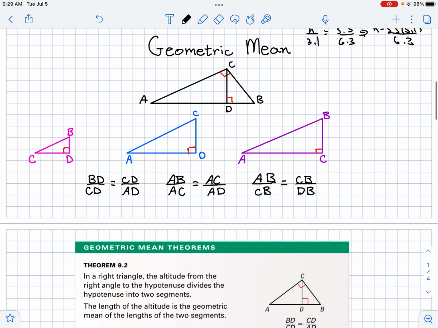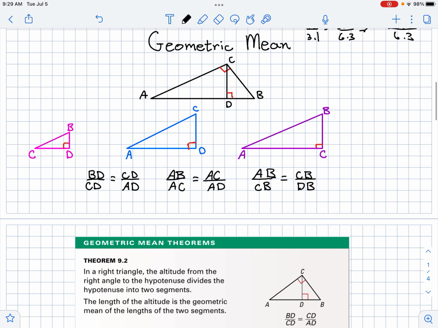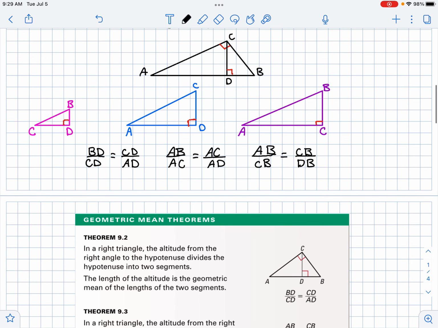And let's suppose that we've got a right triangle, we construct an altitude from the hypotenuse, and notice we get these three triangles, and I want to take note of something here.